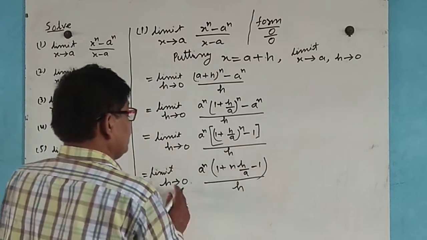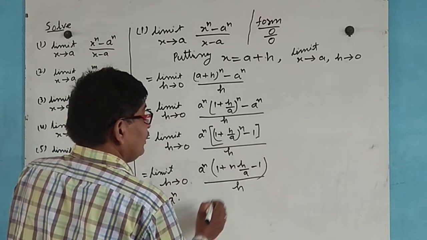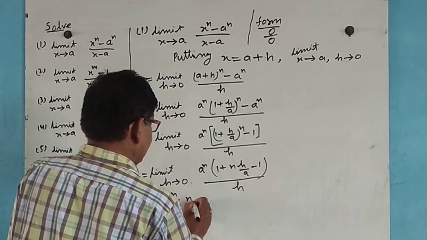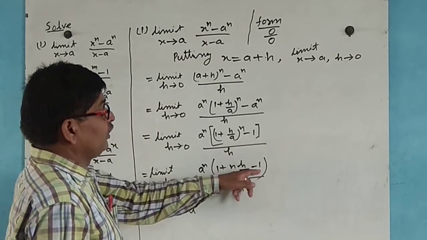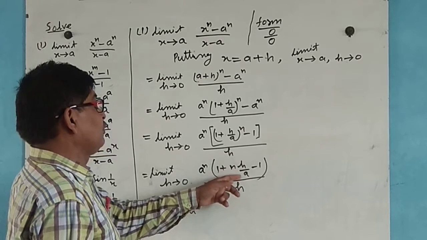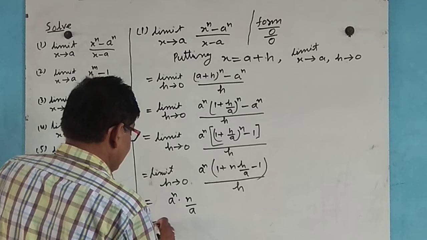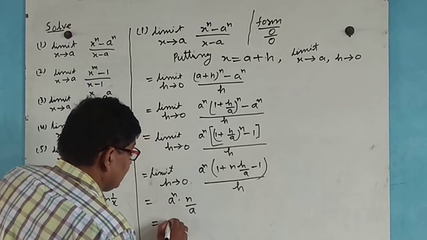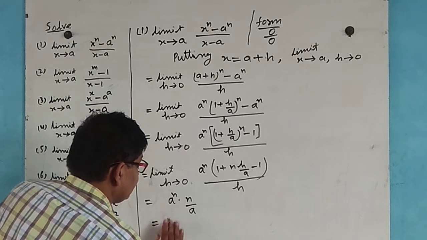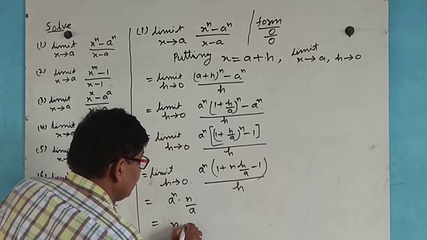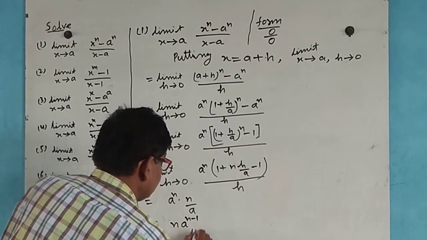Putting h equal to 0, a to the power n into n by a, it can be written as n a to the power n minus 1.